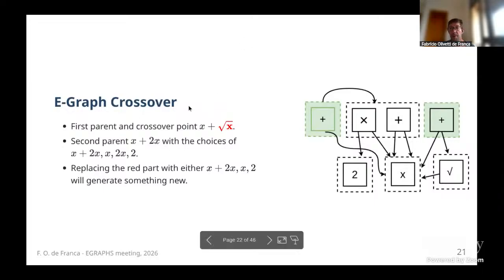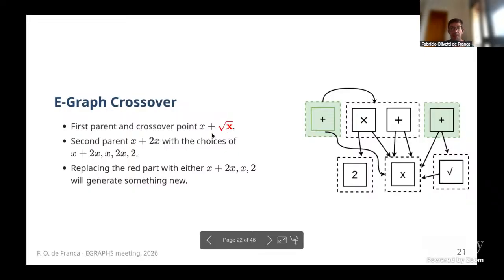For the recombination, where we take 2 expressions and try to recombine, what we do is basically this. We pick the first expression to be combined, in this case, again, x plus square root of x, and we choose the second expression to recombine, x plus 2 times x. If we choose to replace this square root of x with anything from here, we have a lot of selections.